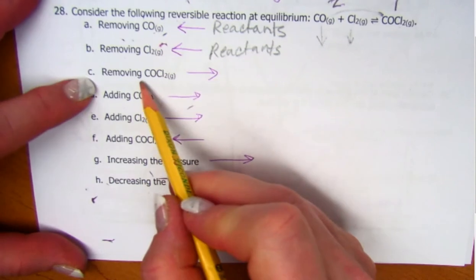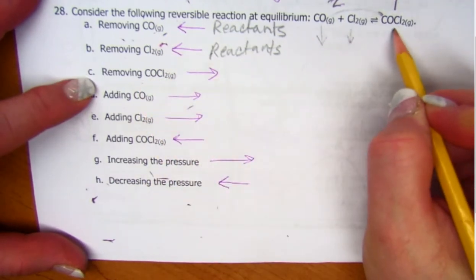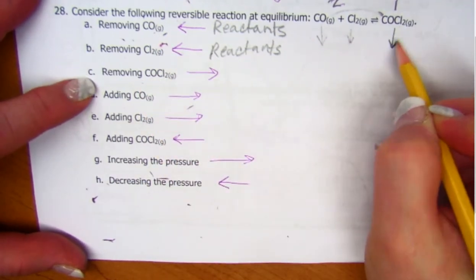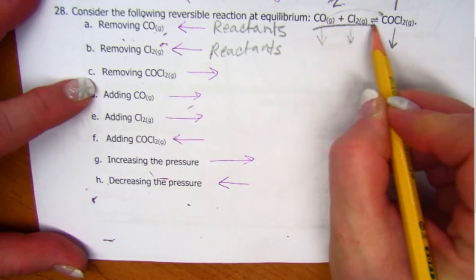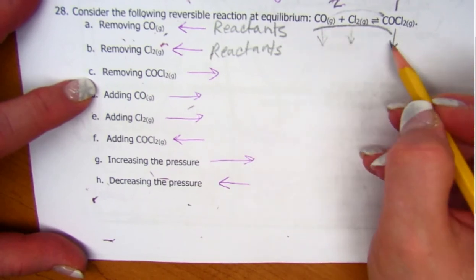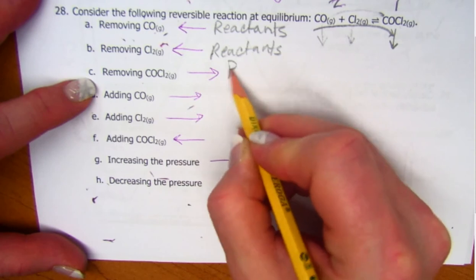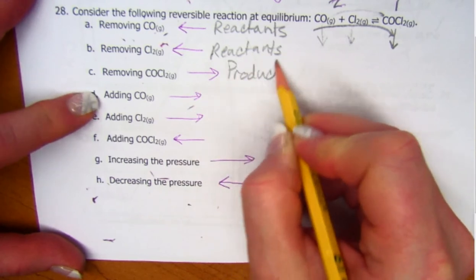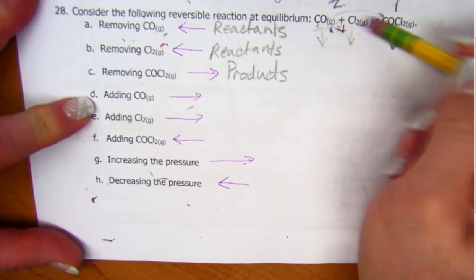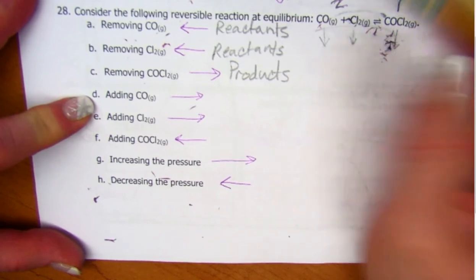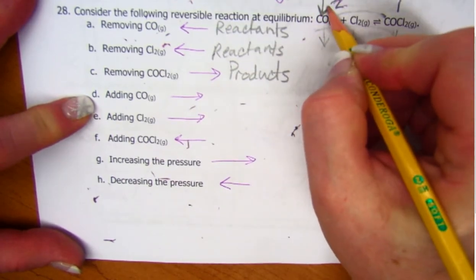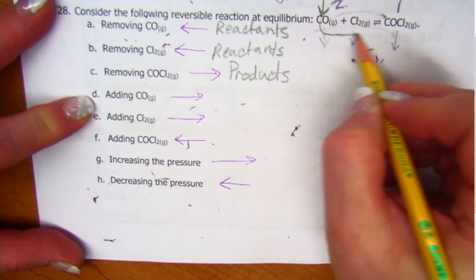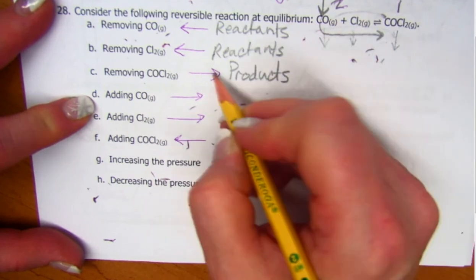Okay? Removing COCl2. Again, making a hole here, trying to fill the hole by moving things over from the other side. So I'm moving it this way. So I'm going towards my products. Now we're going to go through adding. So if I'm adding CO, it's going to go away from that pile so I can help spread it out towards the products.